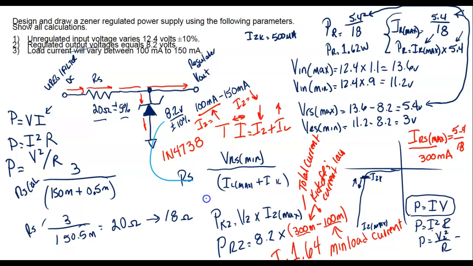So voltage across the Zener, that goes right here. And then the maximum current that we're going to get through the resistor goes right here. And then the minimum current of the load goes right there.